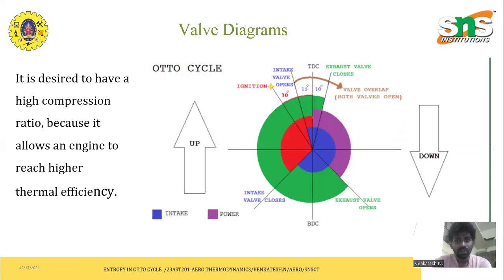In this valve timing diagram, it is desired to have a high compression ratio because it allows an engine to reach higher thermal efficiency.